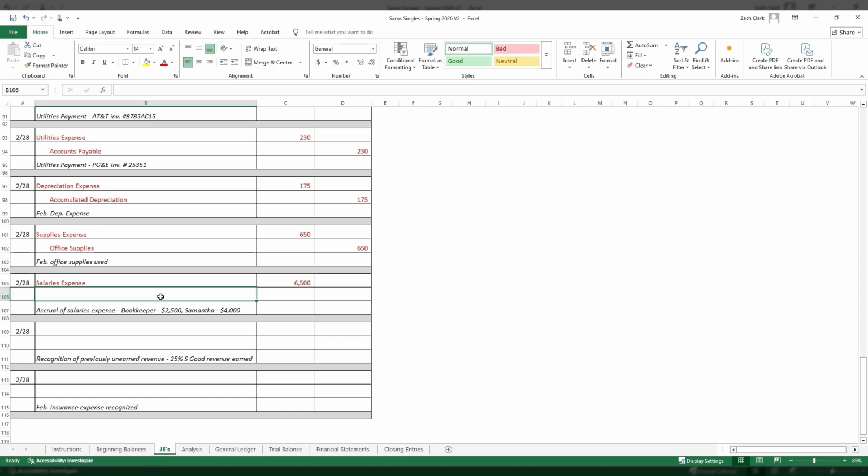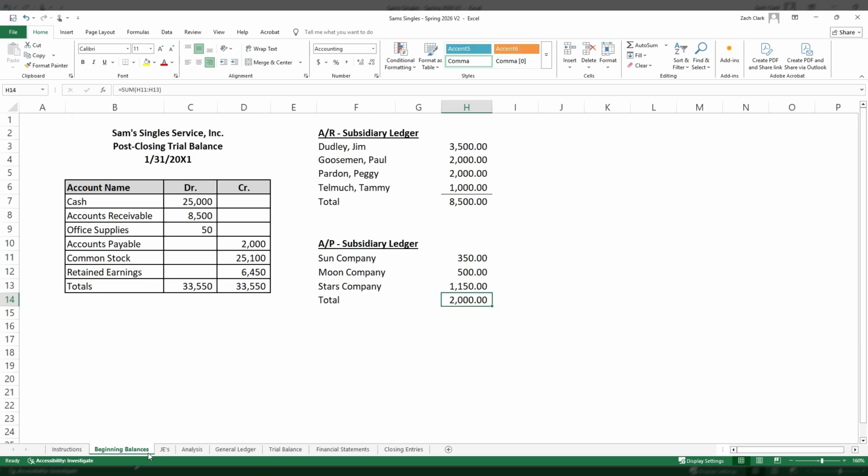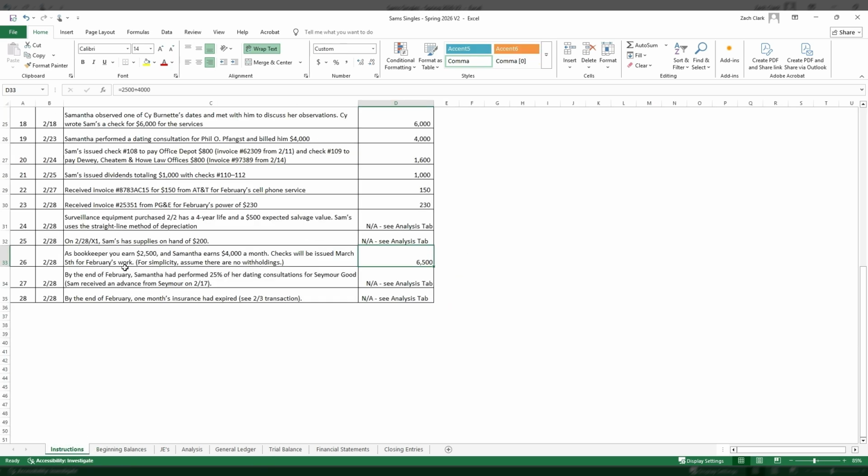But for simplicity's sake, we're just going to debit salaries expense and leave it at that. And then we're going to record salaries payable as the credit, the liability. We're going to make this payment in March to these two individuals. Okay, and let's see, on the 28th here. So we're past that one.